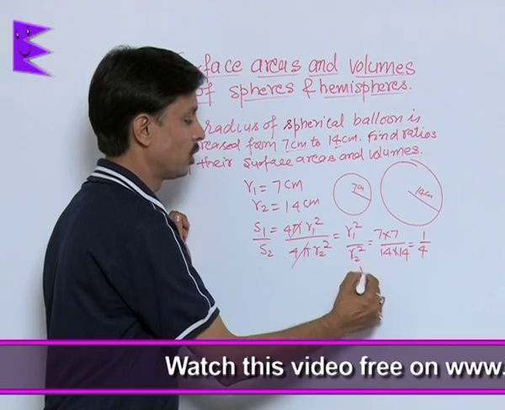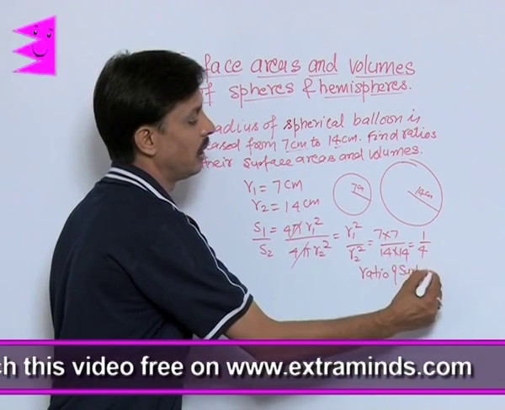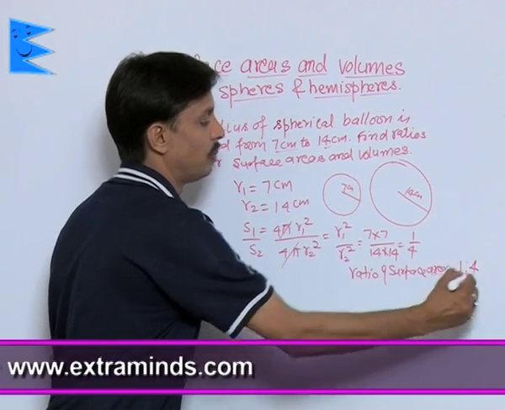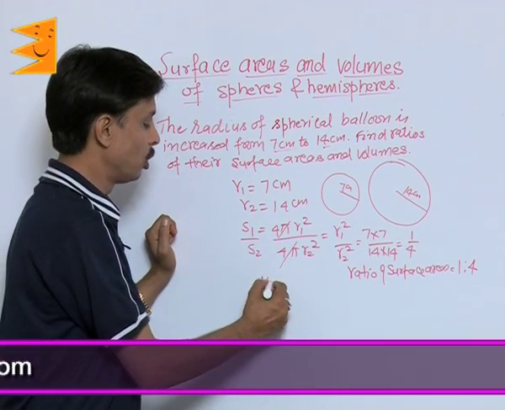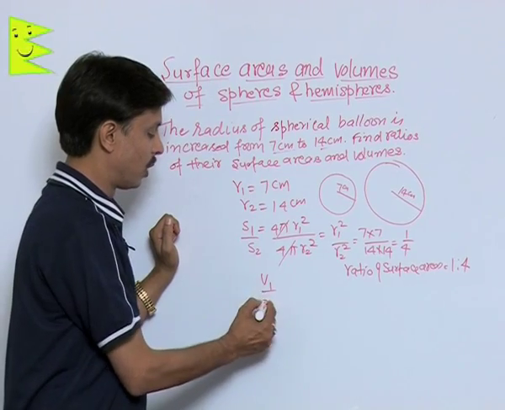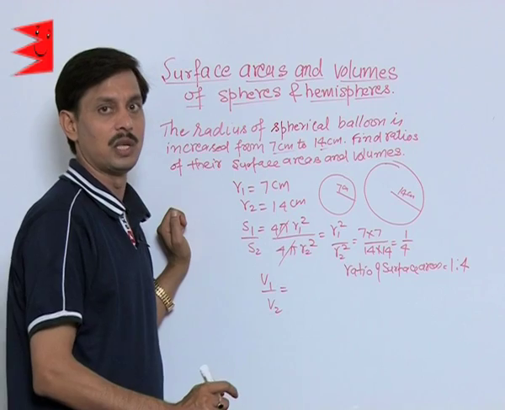Hence the ratio of surface areas becomes 1:4. Second, the ratio of their volumes, that is V1 upon V2. V1 is the volume in the first situation.